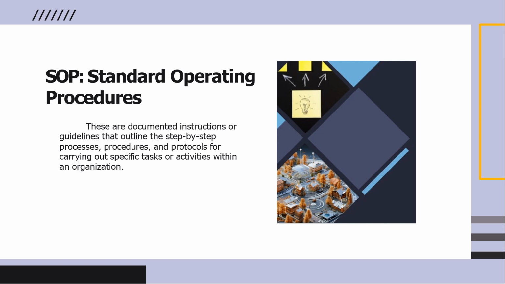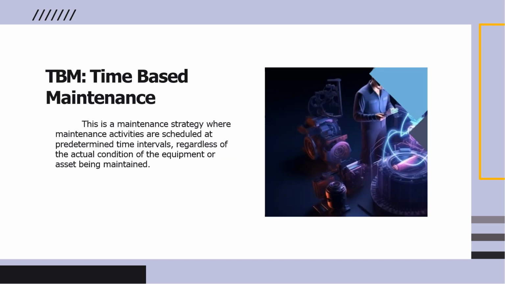activities within an organization. Next is TBM, time-based maintenance. This is a maintenance strategy where maintenance activities are scheduled at predetermined time intervals, regardless of the actual condition of the equipment or asset being maintained.